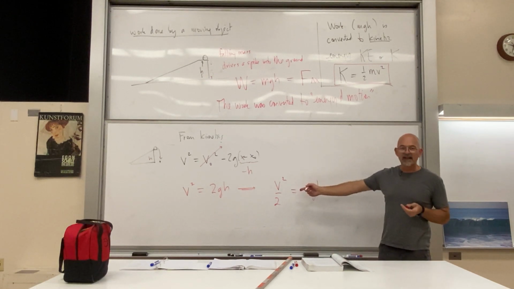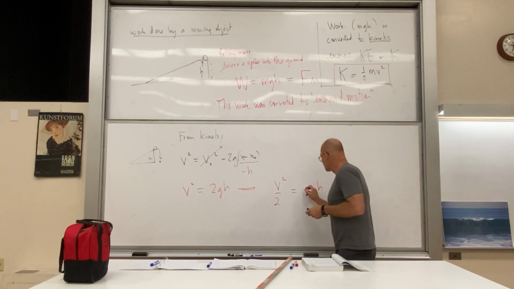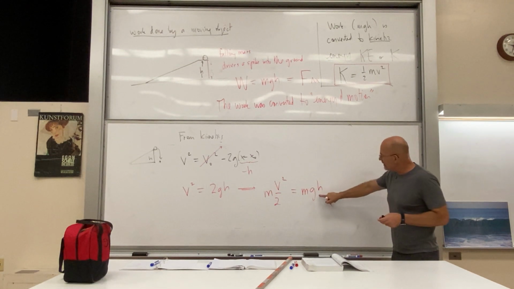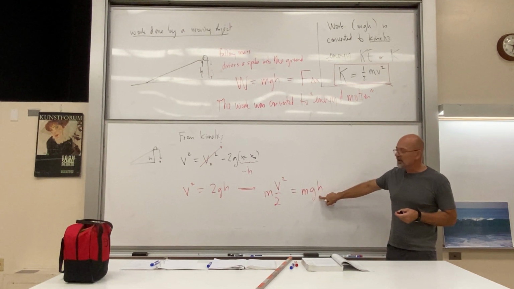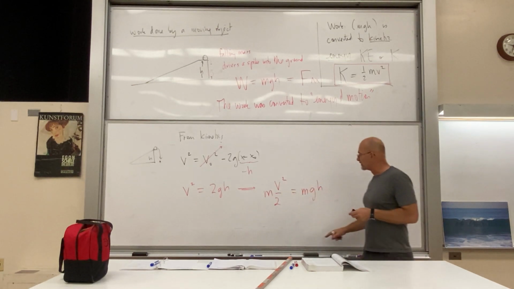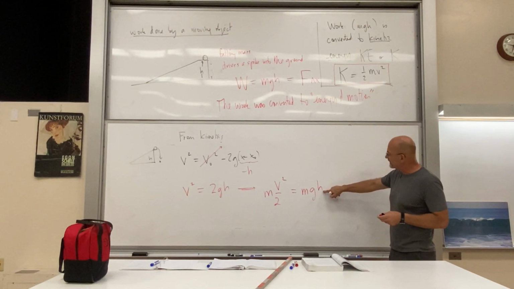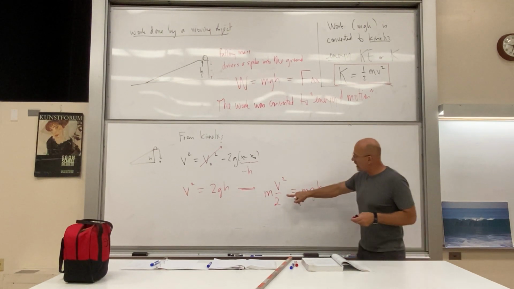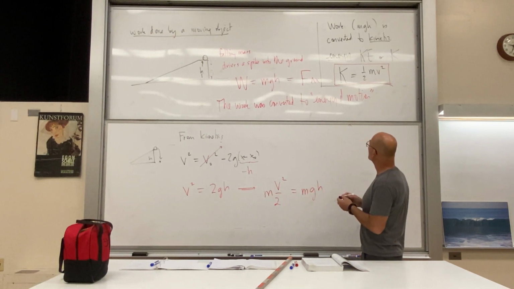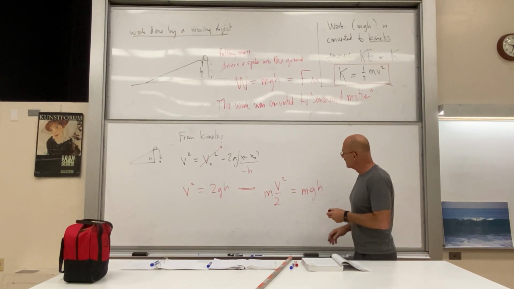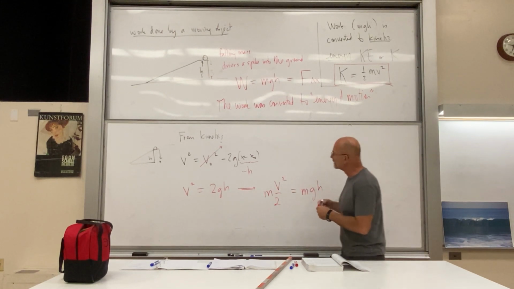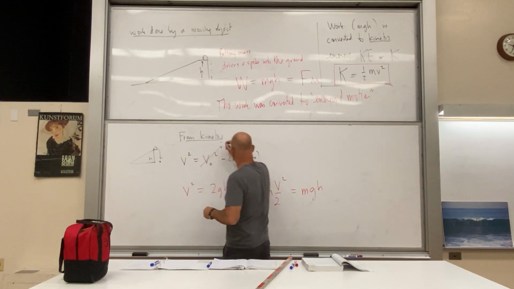So this is purely kinematic law of free fall. All I have to do is multiply both sides by m, and here I have the potential energy or the work, and here I have the kinetic energy. So if something falls through a distance h, it acquires this much kinetic energy. Okay, so this is the condenser right here of where we got that definition from. We took it right out of the law of free fall and kinematics.